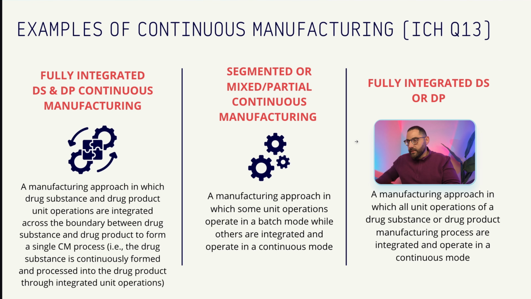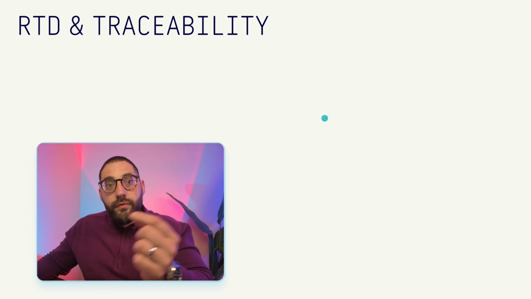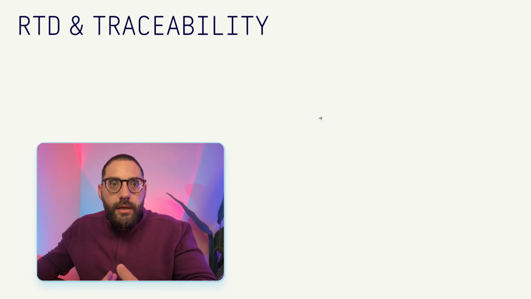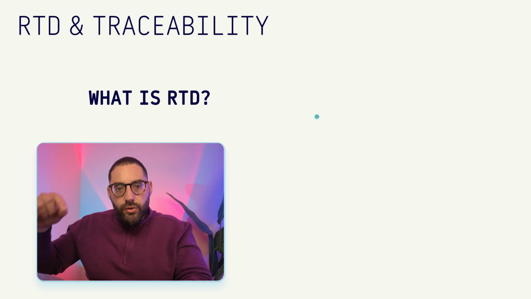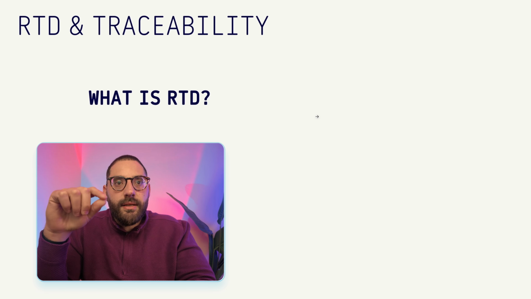Now, a technical concept that I think is important to go through when discussing ICH Q13 is this concept of residence time distribution, or RTD. And RTD describes how material moves through a process and how long it spends within a given unit within the operation. And this matters because imagine you find out that you have a disturbance in a manufacturing process.